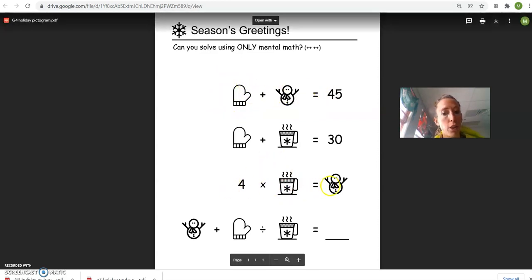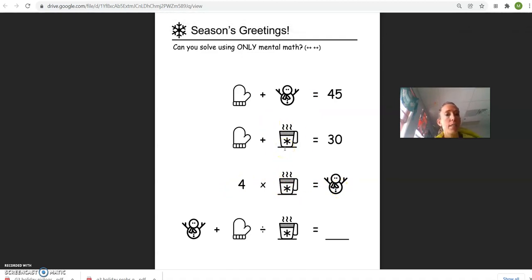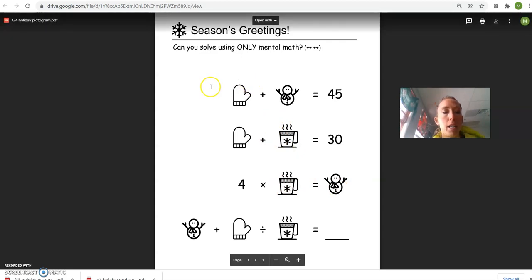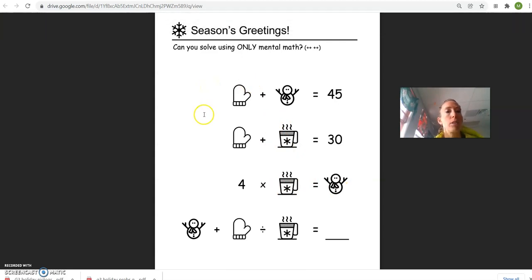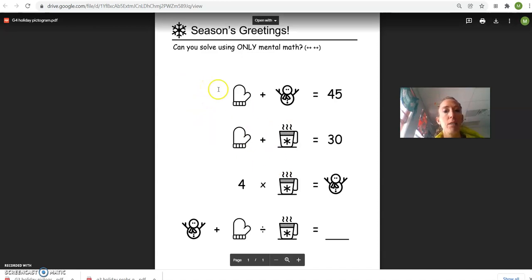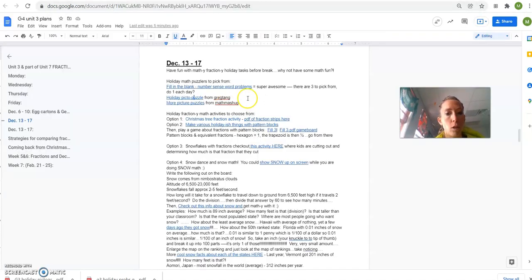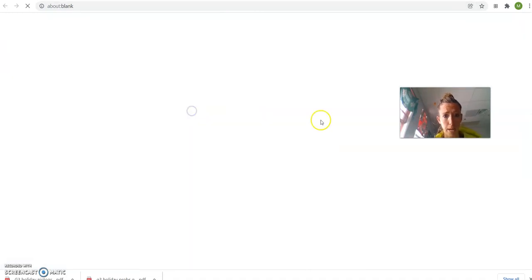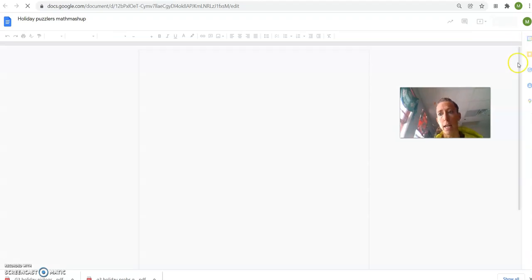I'd probably start with the third one, but you want to have them go through this themselves and not be giving them all sorts of hints right away. Let them struggle with it for a little while. And if this one seems too hard at first, I would start with some easier picture puzzles. And those are right here from Math Mashup that I've compiled for you.